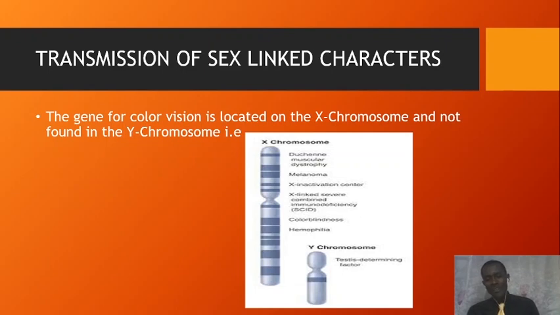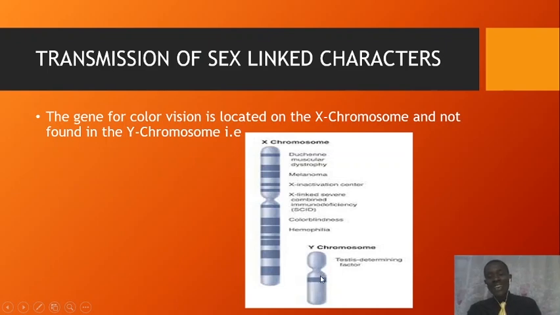As you can see on your screen, the chromosome that is longer in shape, this one, is the X chromosome. On the X chromosome you can see the different characters whose genes are located there. Now, this shorter chromosome is the Y chromosome that determines the male gender.